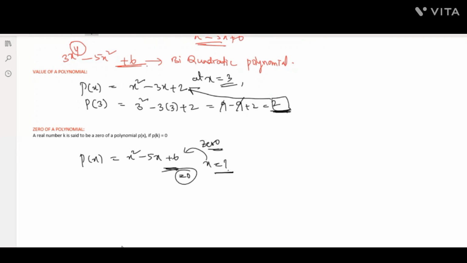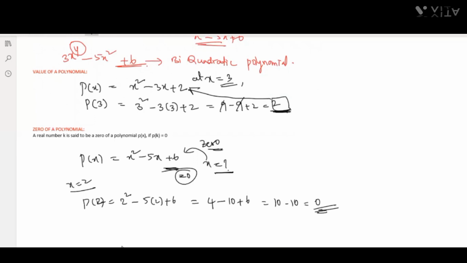For example, if I substitute x is equal to 2, p of 2 is 2 squared minus 5 into 2 plus 6, which is 4 minus 10 plus 6, which is 10 minus 10 equals 0. So we got the value of the polynomial as 0, and that's why x is equal to 2 is a zero of this polynomial.